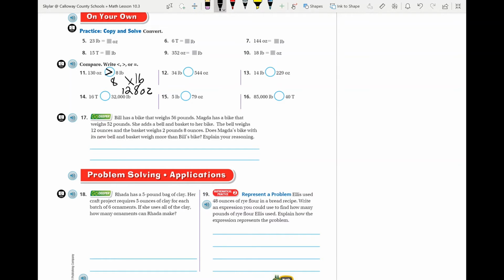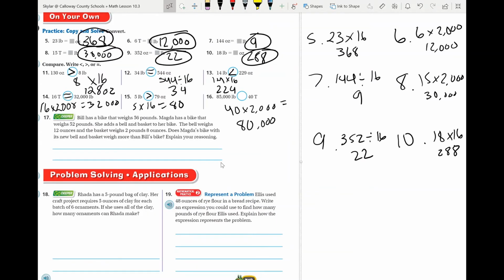Alright, so 5 through 16 is what I want you all to do, and then I'll get you all started on 17 through 19 after that. So, solve those problems. Go ahead and pause the video and unpause it whenever you are done. And here is the answers for those problems. I circled them for 5 through 10, and then of course I just put them inside of the boxes for these problems.